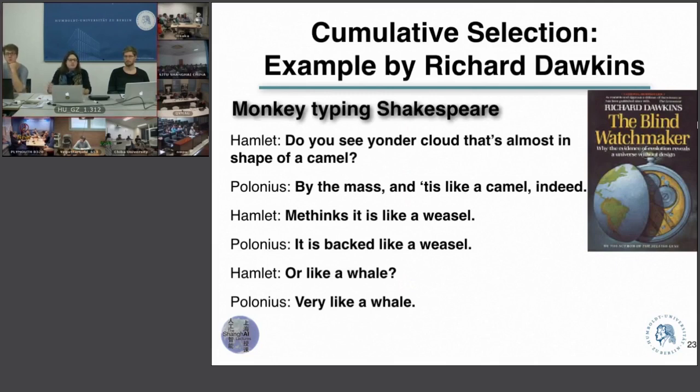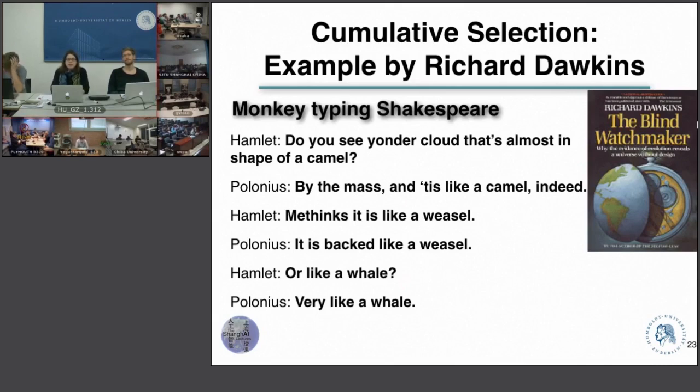If you give it enough time, then eventually you will have the whole Hamlet written. Of course, this will take a very long time, and it will definitely take longer than the whole lifetime of this monkey. So the question is, how could we speed that up?